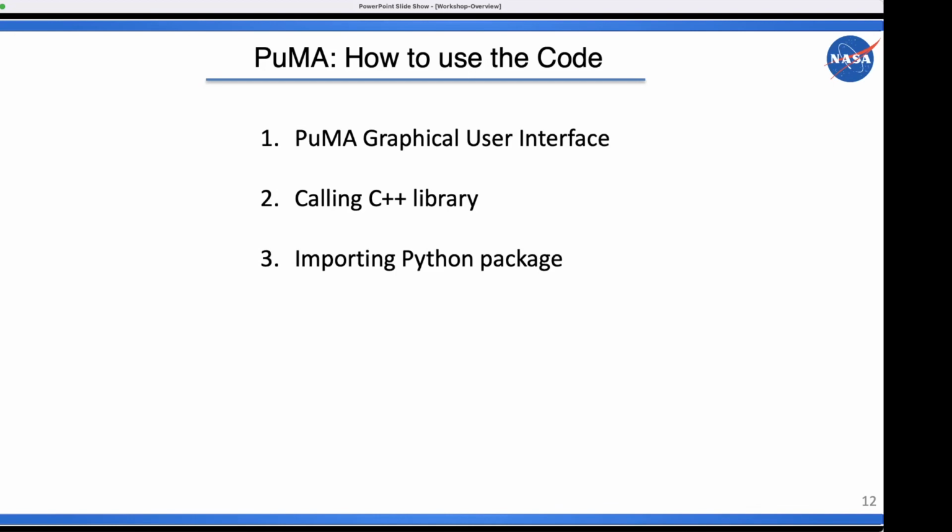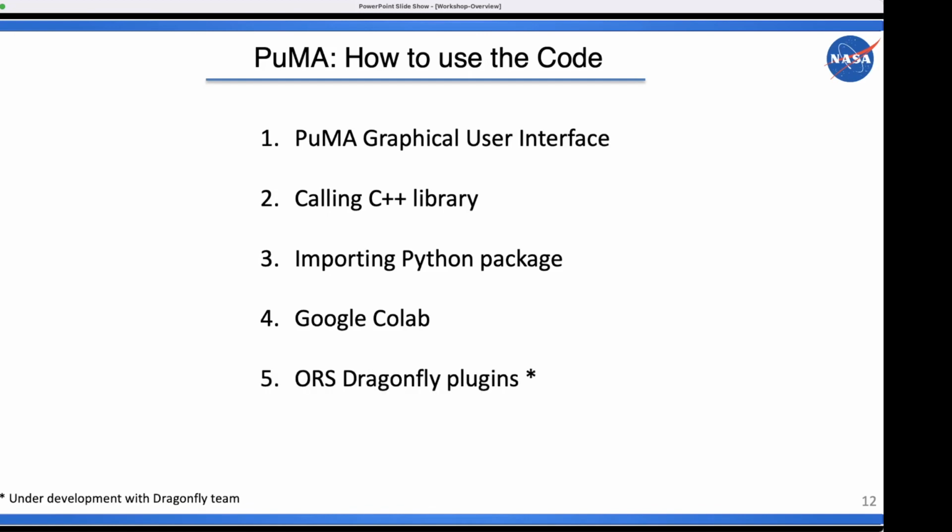Finally, Federico's done really great work putting this on Google Colab, particularly the Python package. So you can actually just run that directly from Google Colab in your browser if you want to, without even installing the code locally. And then finally, under development right now by the Dragonfly team, the Dragonfly software is working to implement a lot of the PuMA functionalities as plugins into their code.